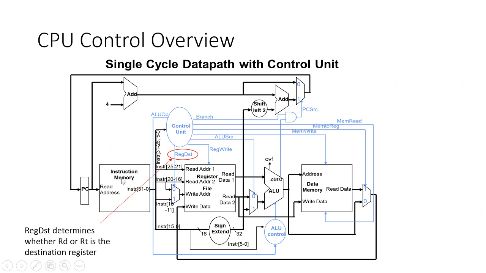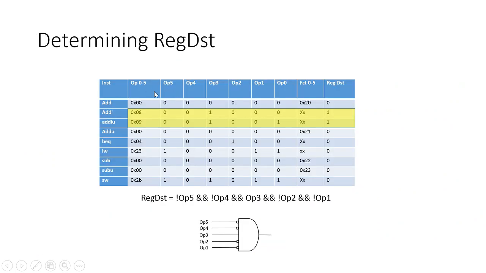So based on the opcode right here, 6 positions, 0 through 5, and the function value, which we don't list out here, 0 to 5, we create a table, just like a truth table, just like we've been going over. So we can just convert this into Boolean arithmetic, which we do right here.